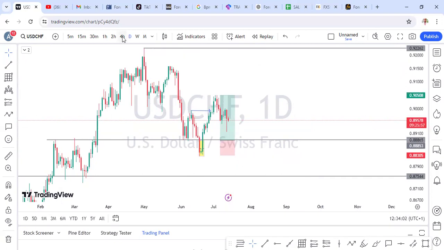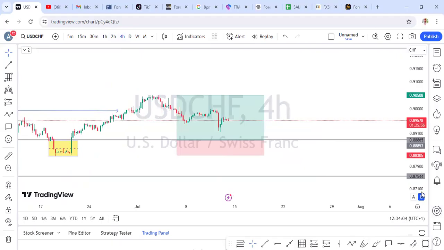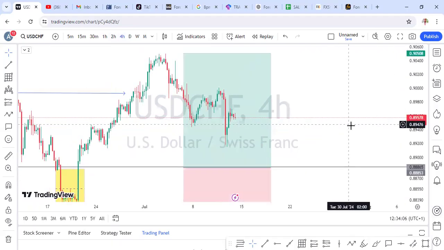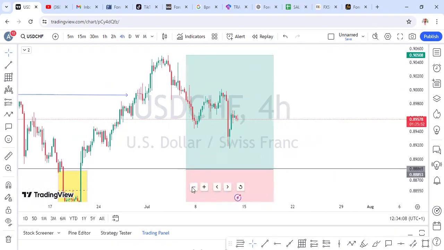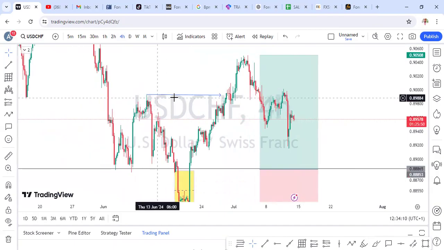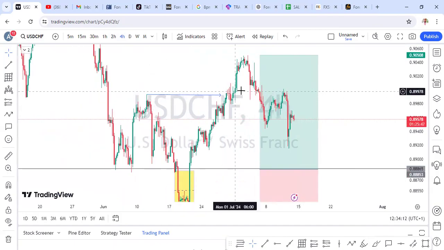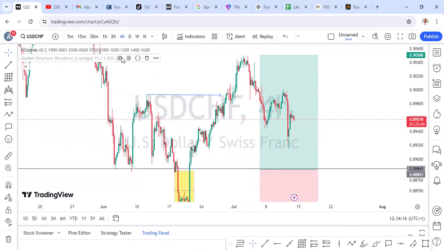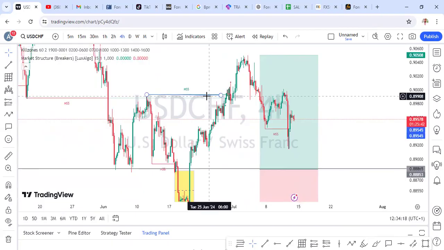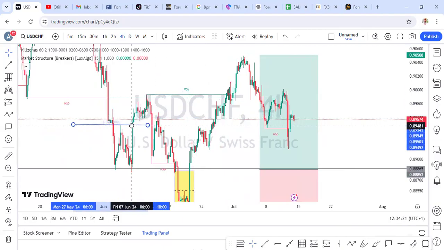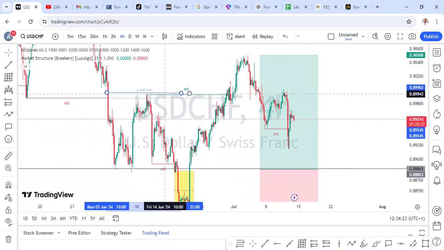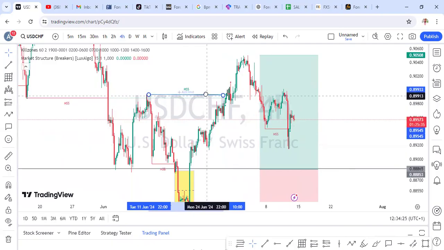So going to 4 hours, we have a change of market structure from this high. If I bring the indicator, I think we print it out. You can see, I don't even need the indicator, I know all these things. We have a market structure shift there.